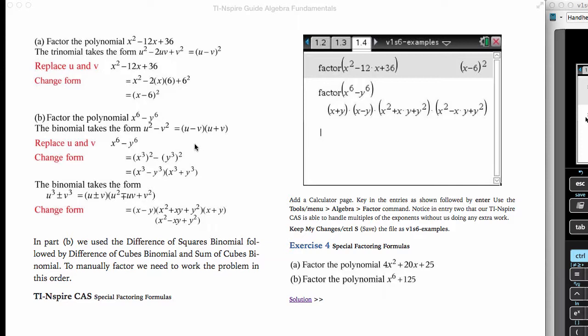Sometimes when you deal with higher powers, you have to use several of these formulas at the same time. So this one factored into x cubed minus y cubed times x cubed plus y cubed. Then each one of the cubics factored into x minus y times an expression and x plus y times an expression.